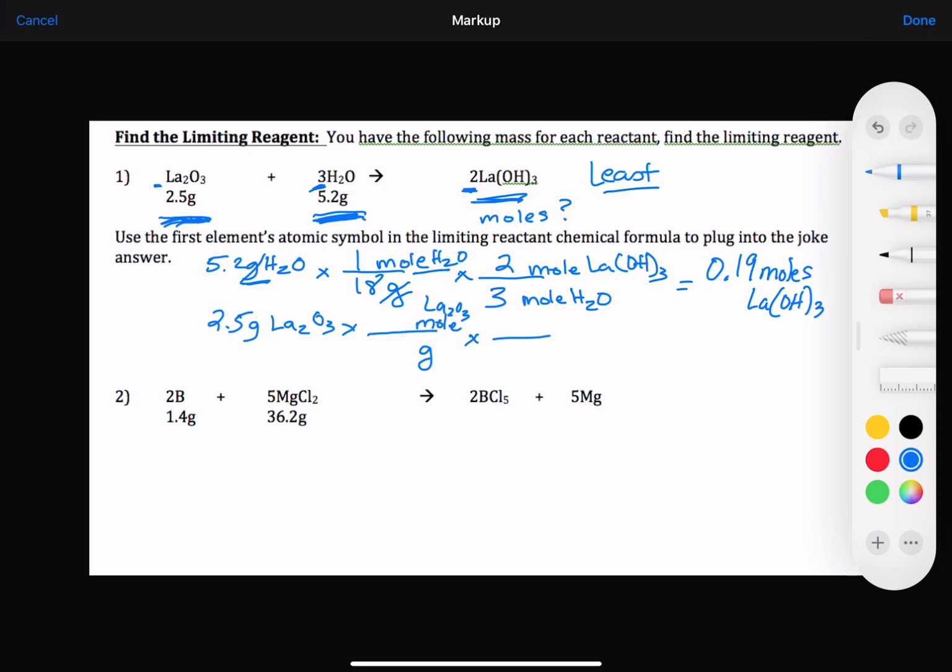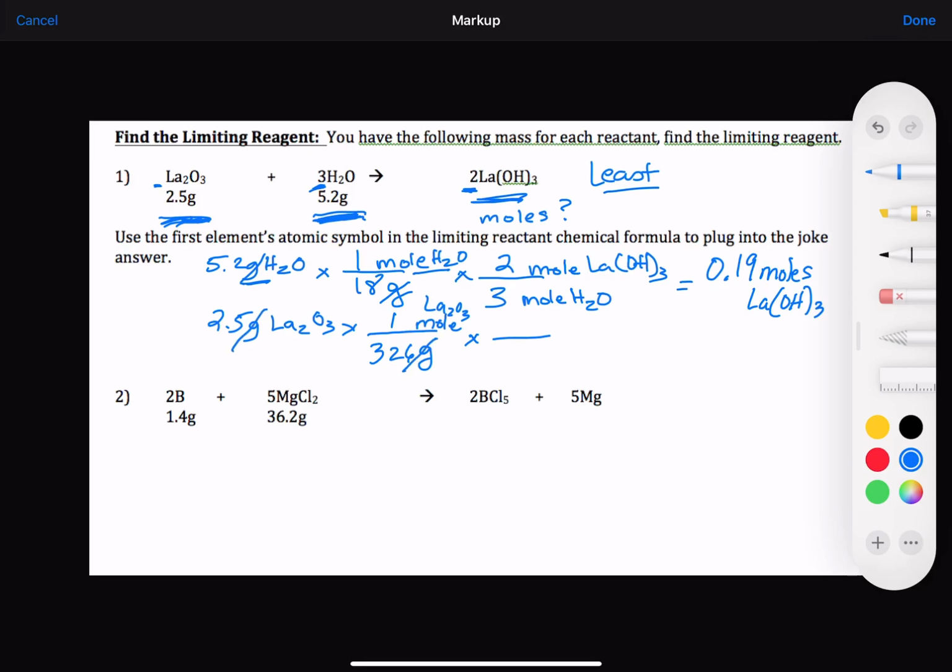So lanthanum is 138.9, so I'll round to 139. And there's 2 of them, so I'll times it by 2. And then oxygen is 16, and there's 3 of them. So 16 3 times, it's 326. So that's the mass of lanthanum oxide.